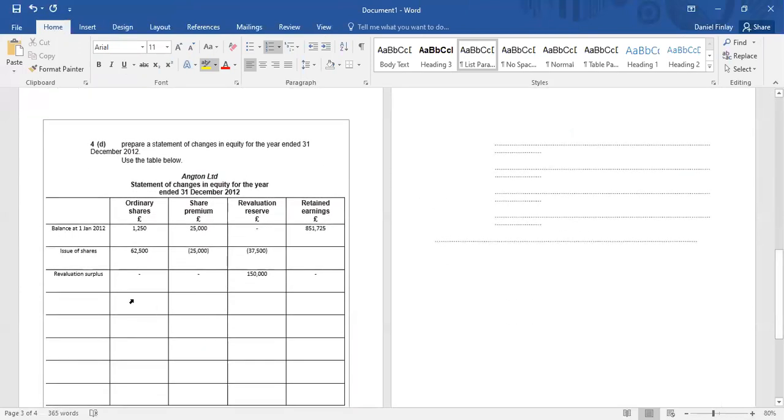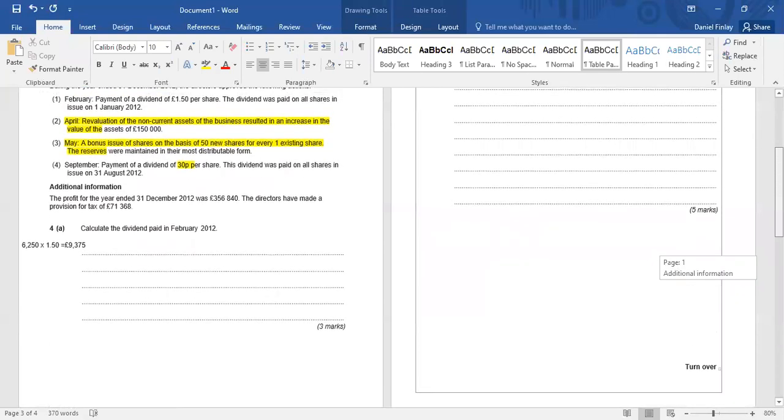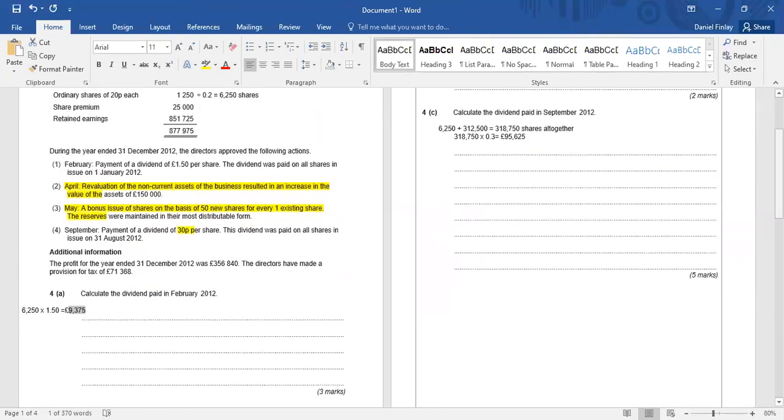So dividends paid. Now, if you can, it's good to just write one value for dividends paid instead of having two rows. So dividends paid only affects the retained earnings, because that's what we can use to pay for dividends. And we had 9,375 in February, and then 95,625 in September.